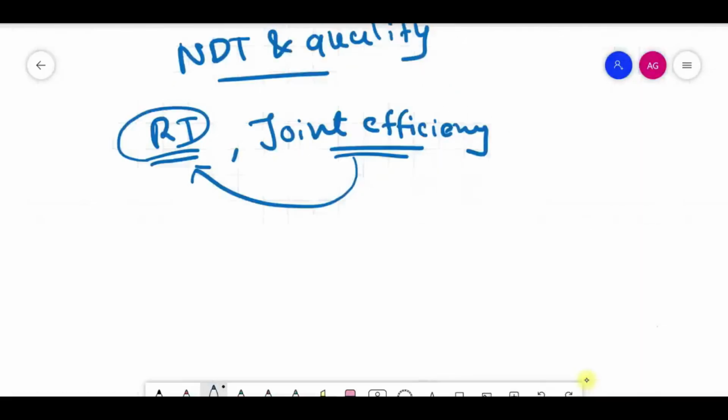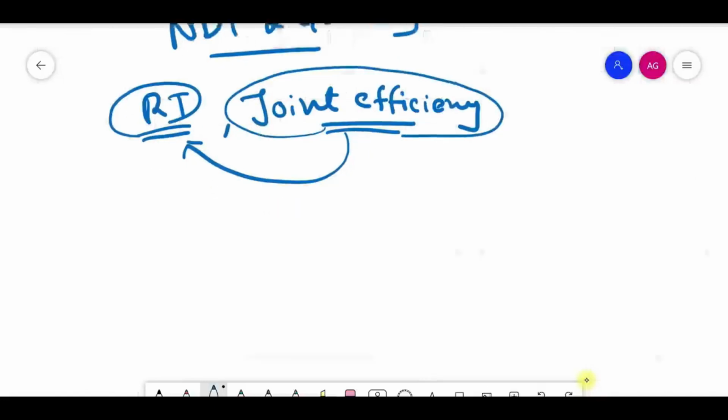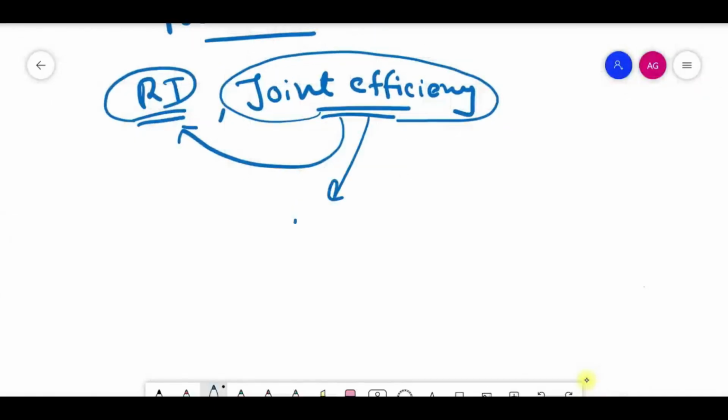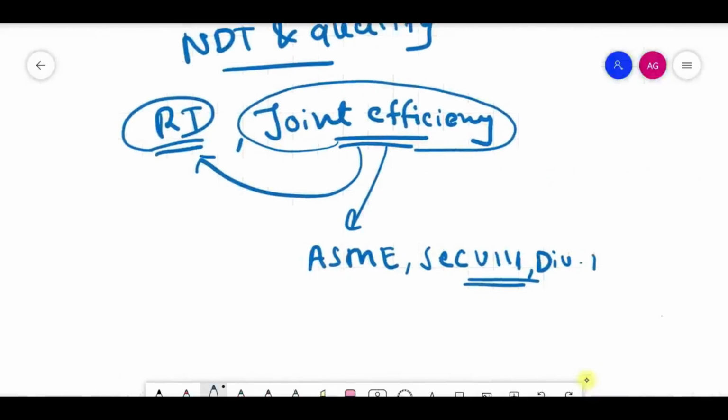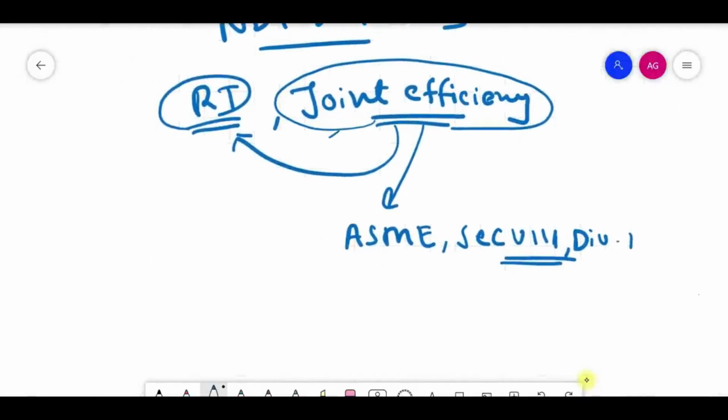This is joint efficiency. To define joint efficiency, we have to follow the ASME code, in the section of Division 1, where how to define joint efficiency is given in complete detail. I am going to make this video in two parts.